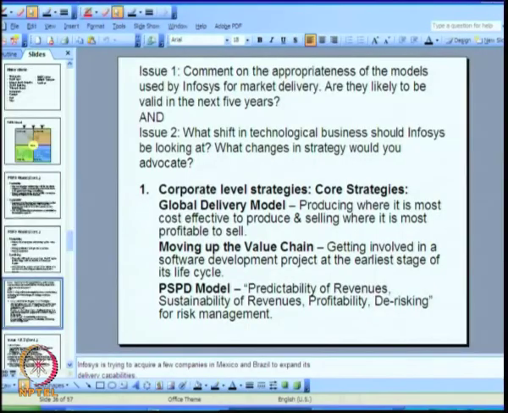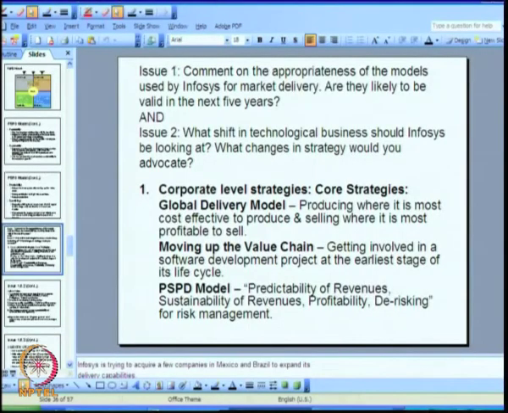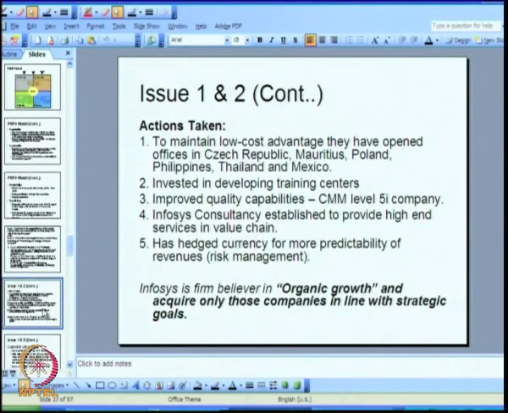So, two issues are taken up concurrently, that is the first and the second issues: appropriateness of the models and the shift in technological business. So, what do they come out with?